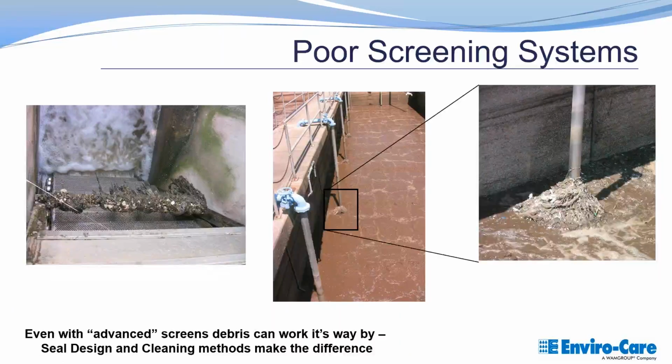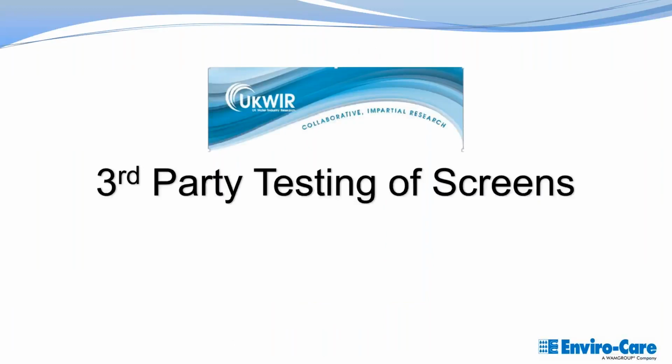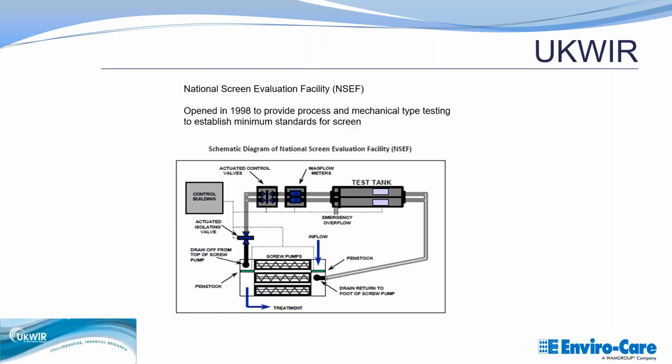So getting into the benefits of different style screens, how they're built, and the downsides is important, and that's where we get into third-party testing. Third-party testing has been done at the UK Weir National Screen Evaluation Facility. As you would assume, it's in the UK. They publish a report every few years. The most recent one was in 2015.